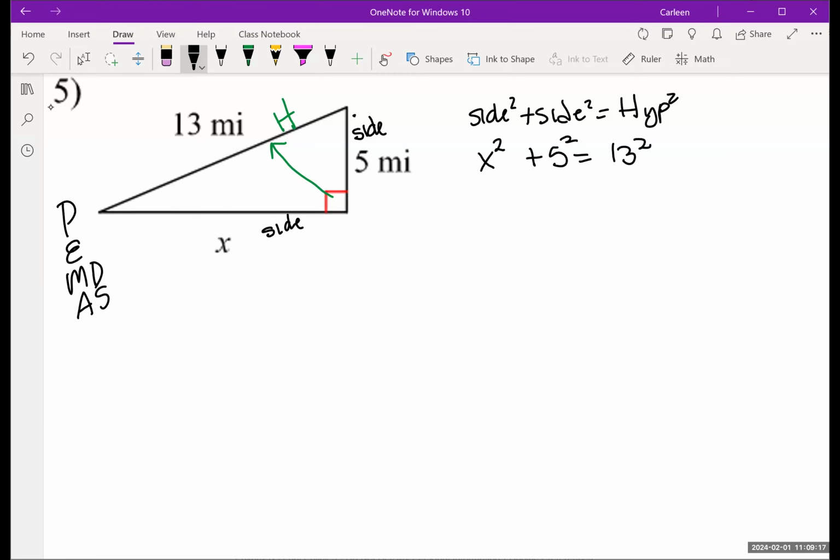Okay, team, what's next? Parentheses, exponents, multiply, divide, add, subtract. Okay, x squared, we cannot do anything. 5 squared is 25. What's next? 13 squared is 169.